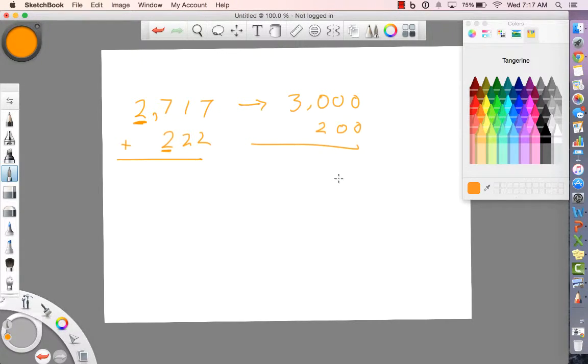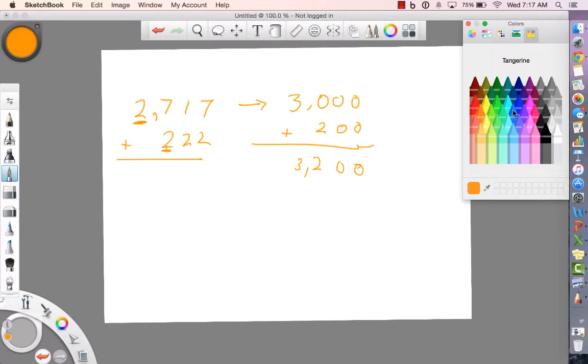Now, one of the things that's super important is that you remember to keep things lined up. The ones go in the ones place, the tens go in the tens place, the hundreds go in the hundreds place, and that's still true over here. You're going to keep it lined up, and then when we add, we have 3,200.